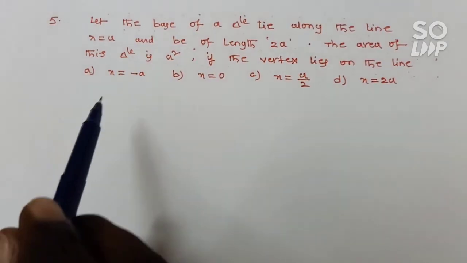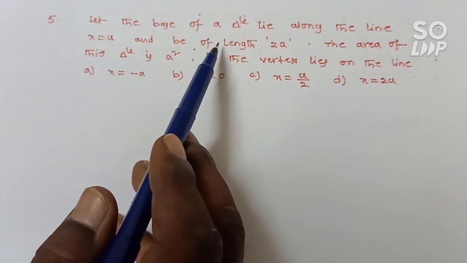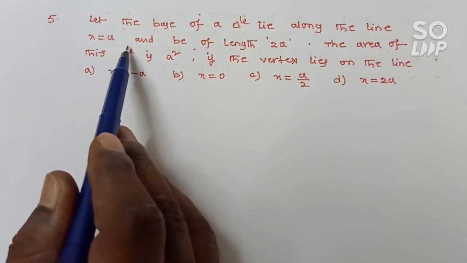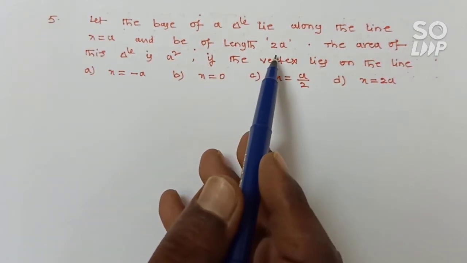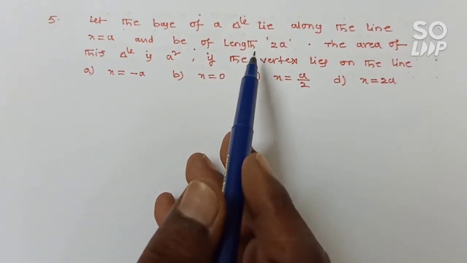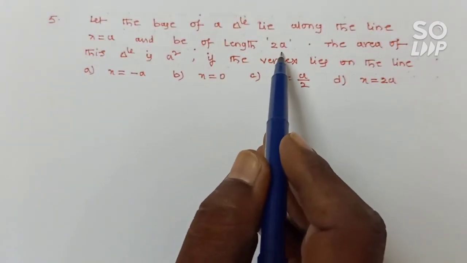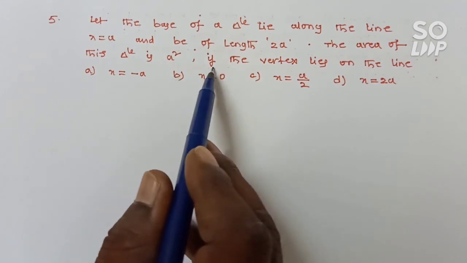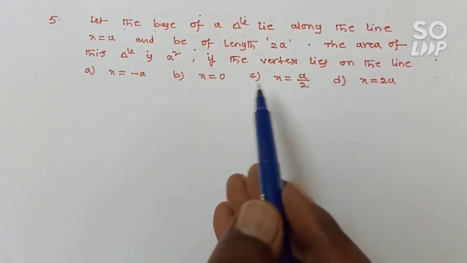Let the base of a triangle lie along the line x equals a and be of length 2a. That means the base length is 2a. The area of this triangle is a square. The vertex lies on the line.